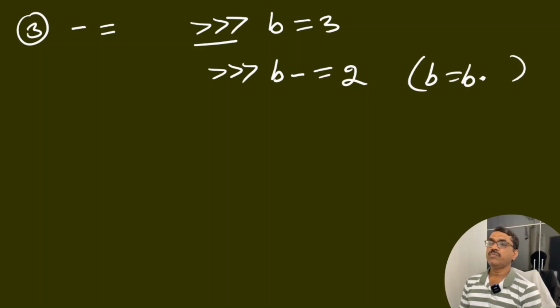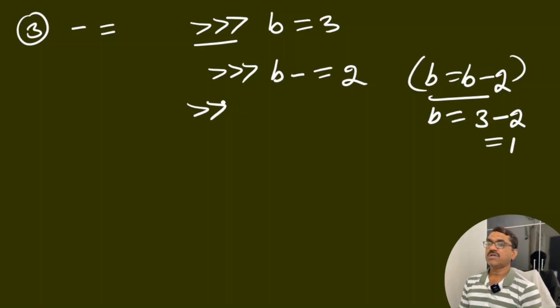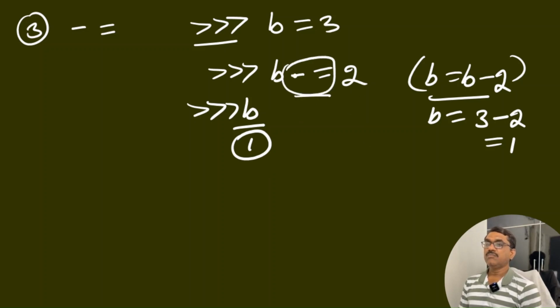B is equals to b minus 2. This is the meaning of this. That means new value of b equals to, old value of b is 3, 3 minus 2 is equals to 1. Now whenever we try to print the value of b, we are obtaining the value 1. This is the main purpose of minus is equals to.